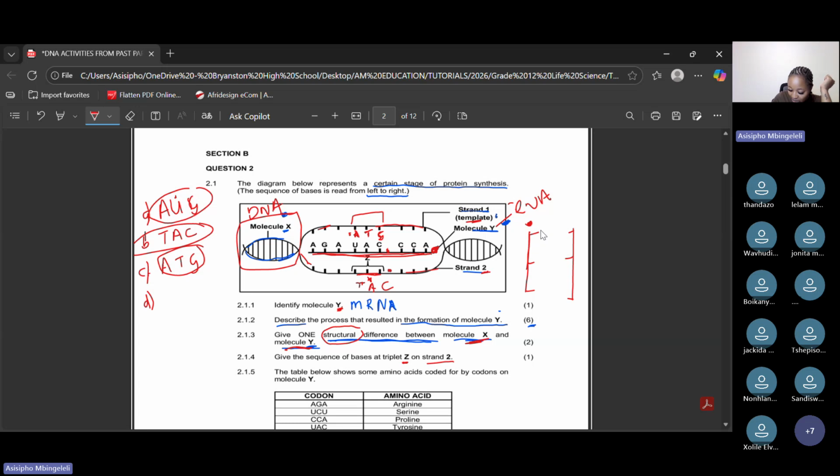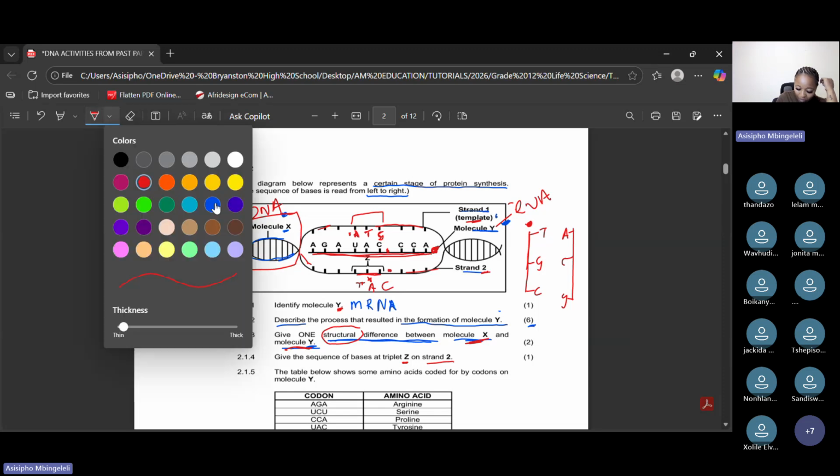So if my bases, for example, is TGC, that means the bases on the other strand would obviously be ACG. But we said we are using this particular strand to form the messenger RNA. I'm going to try and change my color here to form the messenger RNA.